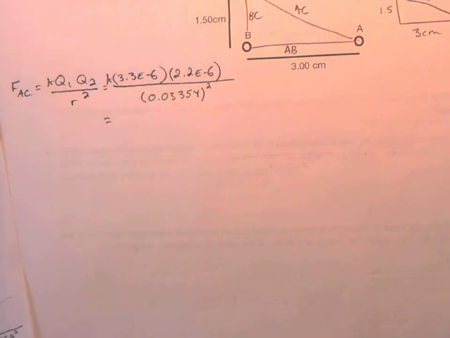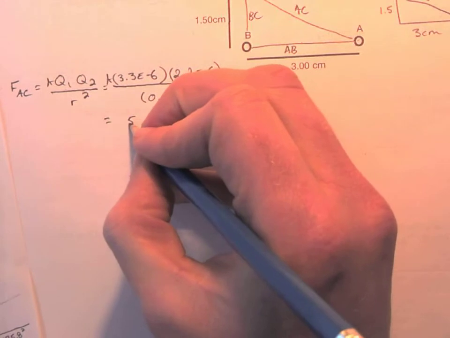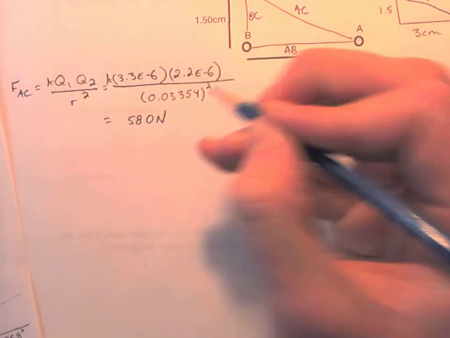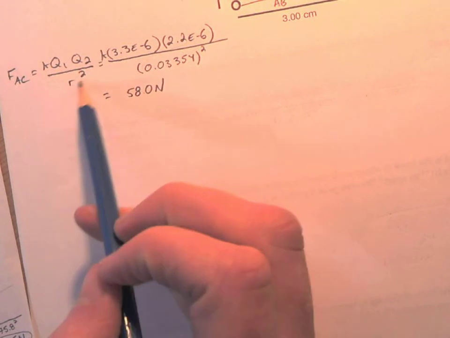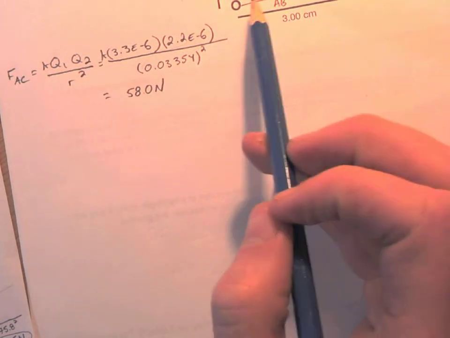So overall, my FAC is going to be K times 3.3 e to the negative 6 times 2.2 e to the negative 6 divided by that 0.03354 squared. So I get 58.0 newtons.